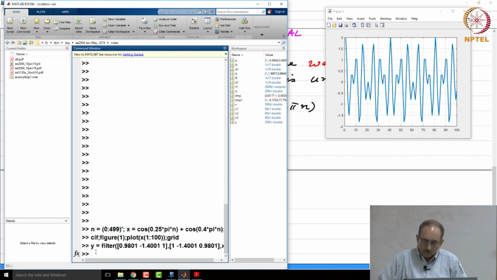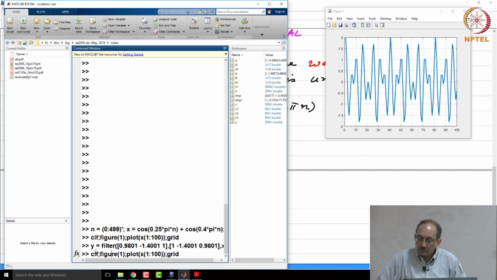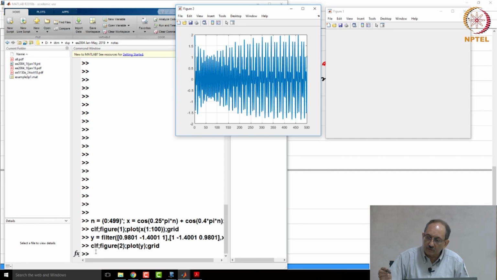and now let me plot the filtered output. Let me plot the entire filtered output to point out one thing that you should know about.